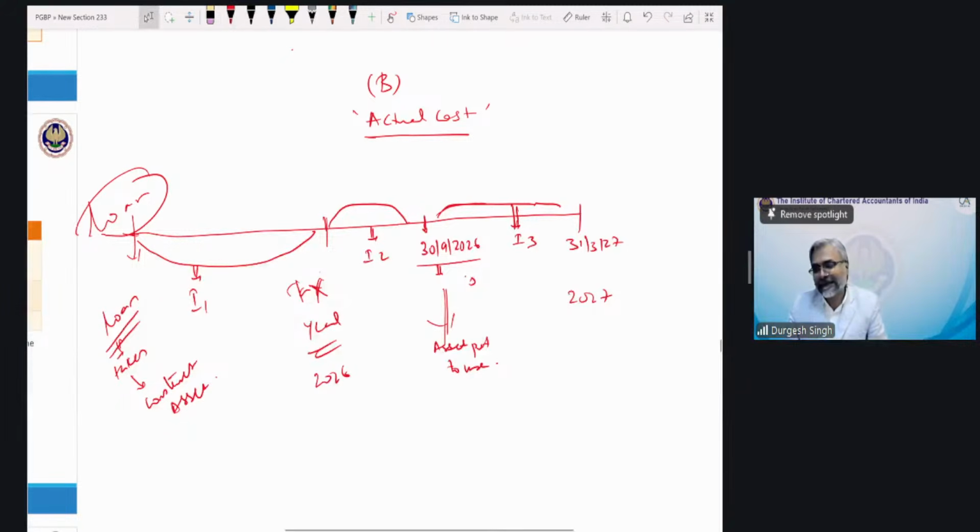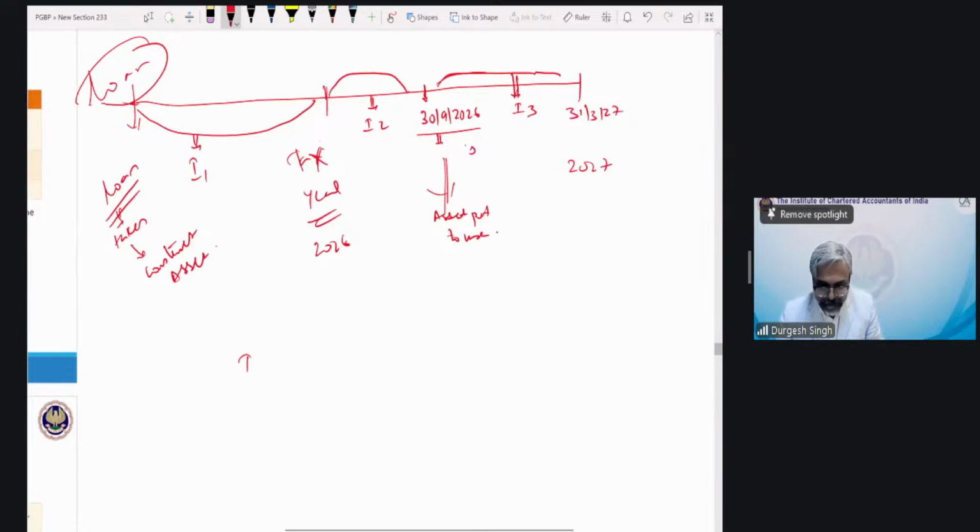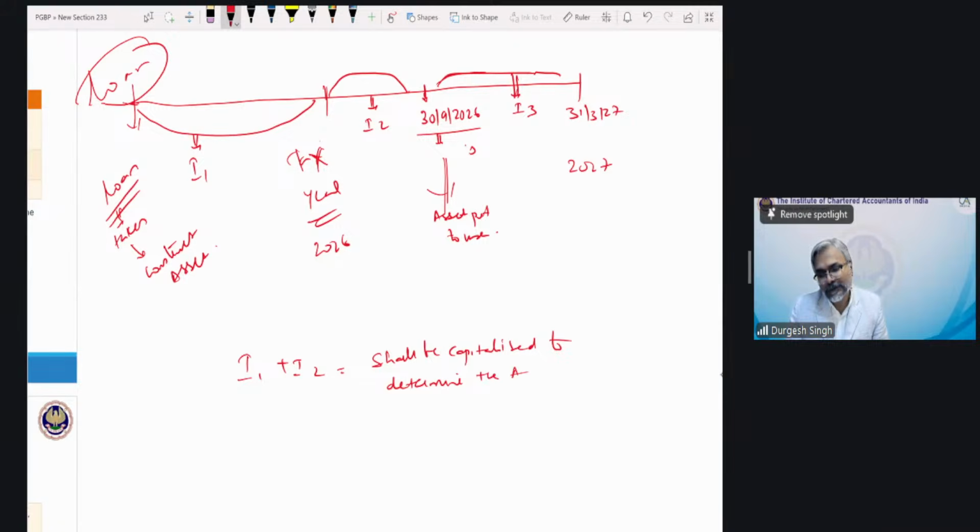And that exactly is the point, students. So what is the treatment over here? I1 plus I2 shall be capitalized to determine the actual cost.